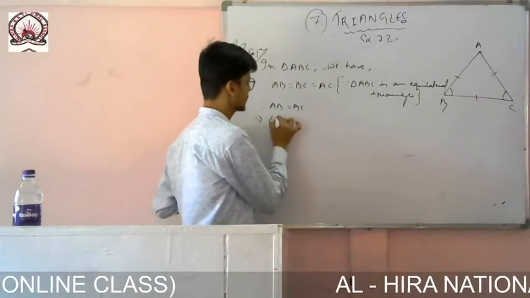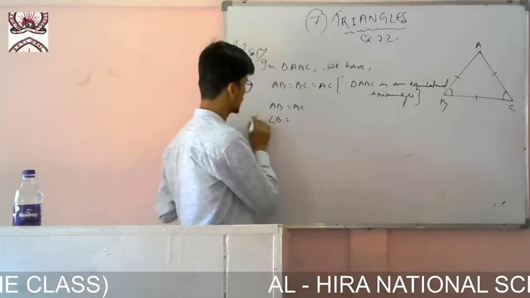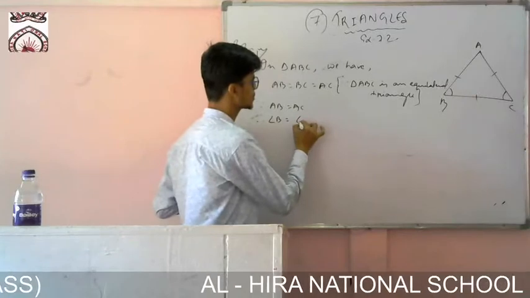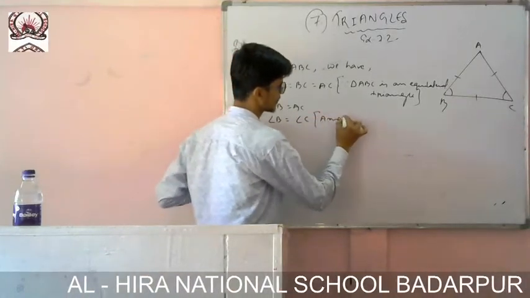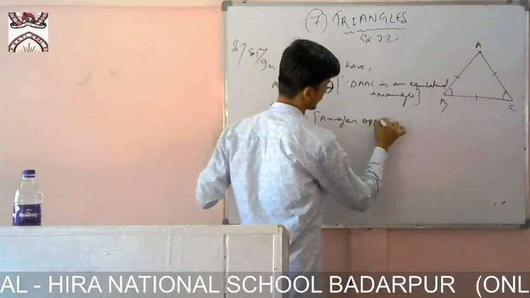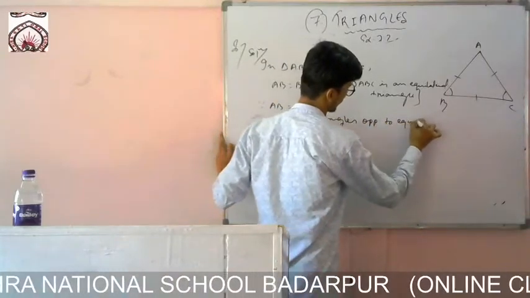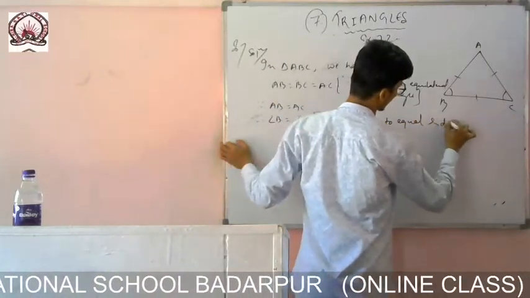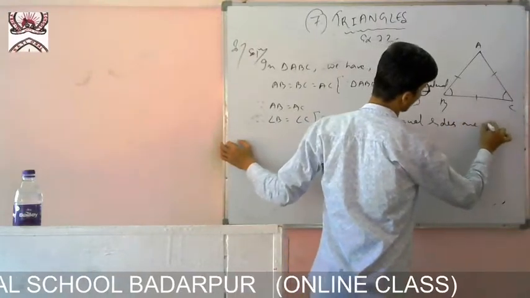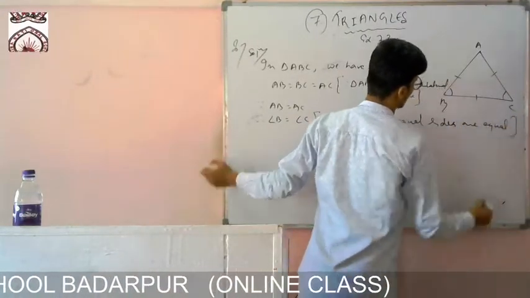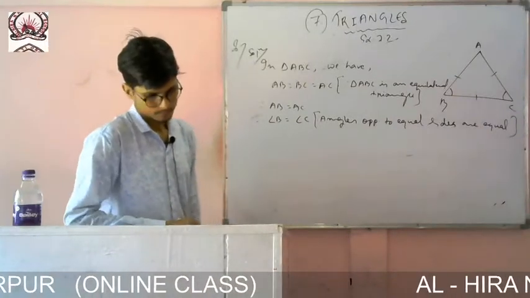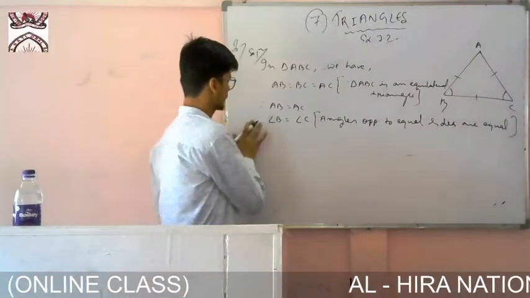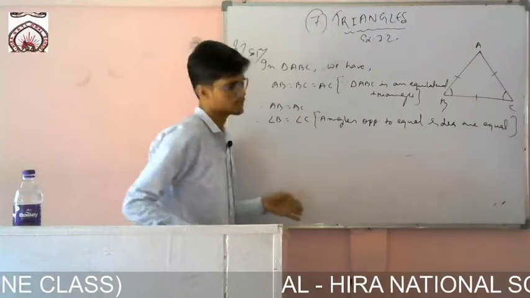So therefore angle B will be equal to angle C, since angles opposite to equal sides are equal.